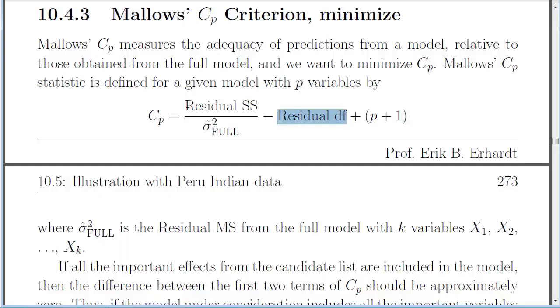And so the question is, is this ratio increasing faster than the degrees of freedom is decreasing? And so the best models will be those that minimize this quantity, and we should only consider models that are not bigger than p plus 1.